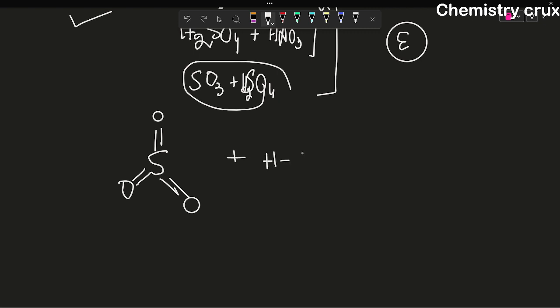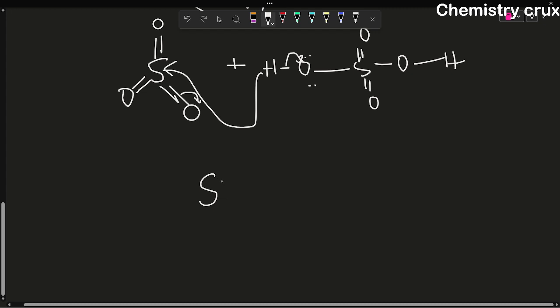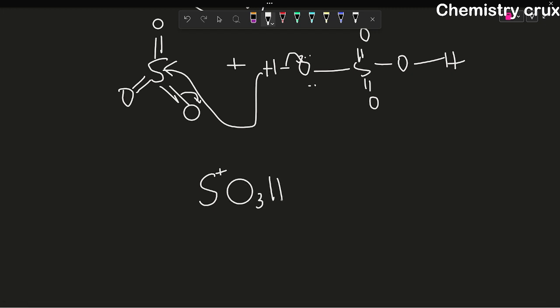Now here is O. This O will take this lone pair to itself, with this H coming in. So this H will attack this sulfur. Alright, so we'll have something like S positive, O3 and H. This H will be linked to this sulfur. So this will be the electrophile.